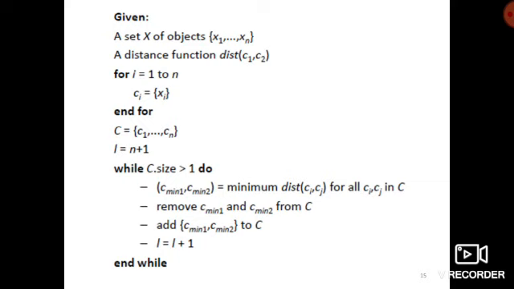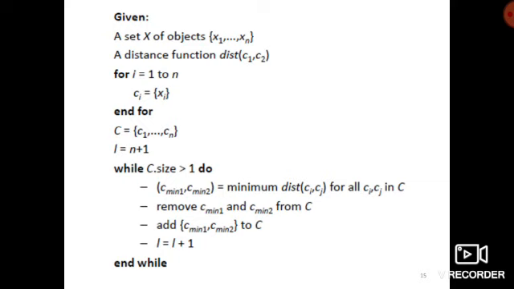One thing to remember is that C of i and C of j are two different clusters, and their distance is measured using the minimum distance function. Now merge the clusters C of i and C of j into a new cluster C of i plus j. Then remove C of i and C of j from the collection C. Finally, we add C of i plus j into C.